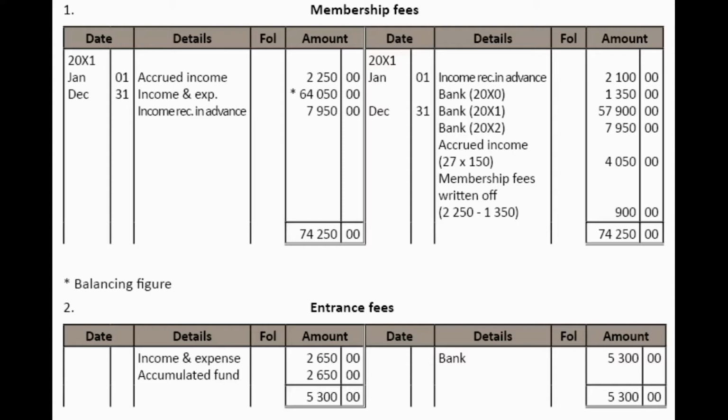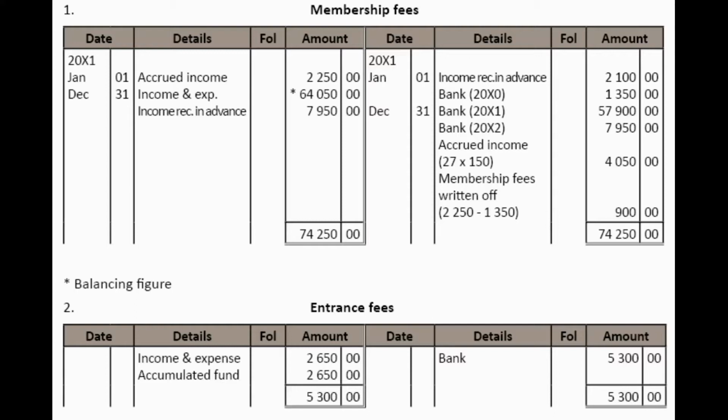So immediately, if you see that you've received 7,950 for 22, you know that is the amount that was received in advance for the next year. So you can do that adjustment. You're going to credit membership fees with that 7,950, and you will open that little T account, income received in advance, and you will credit your income received in advance account. Okay.